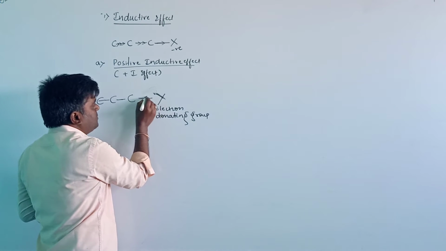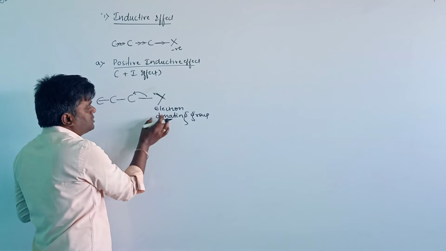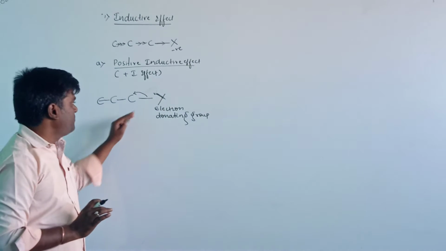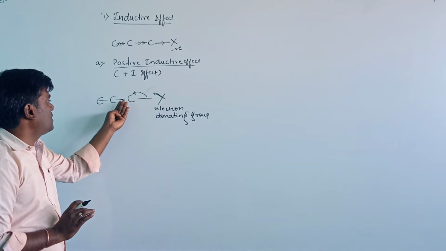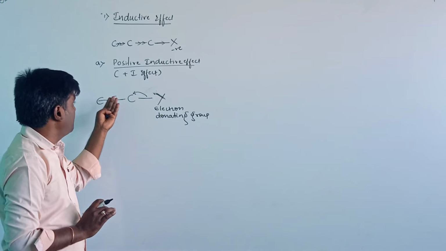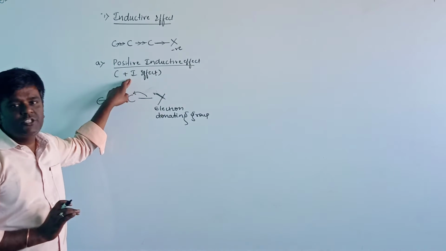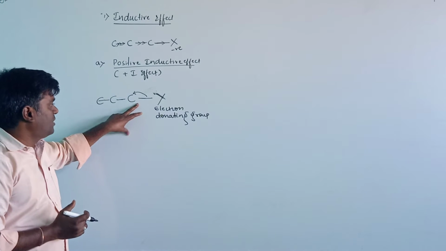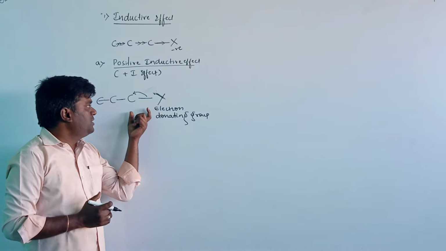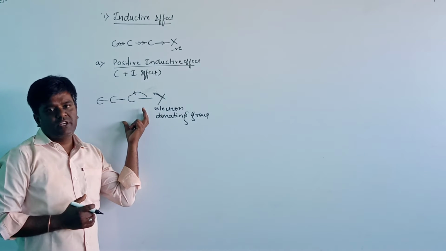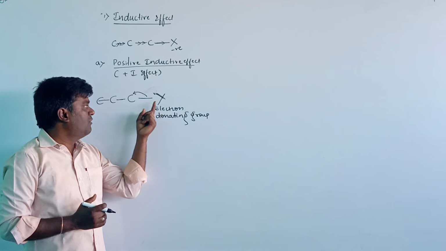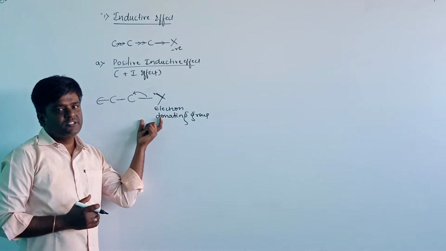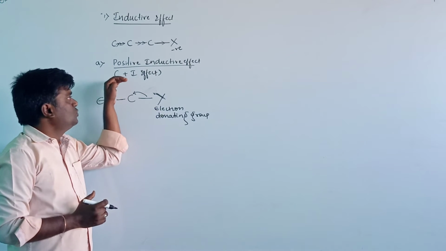These electrons will be displaced towards the carbon chain because Y is the electron releasing group. When it donates electrons to the carbon chain, that effect is known as the positive inductive effect. Or you can say that the displacement of electrons takes place away from the substituent group or electron donating group. Then it is known as the positive inductive effect.